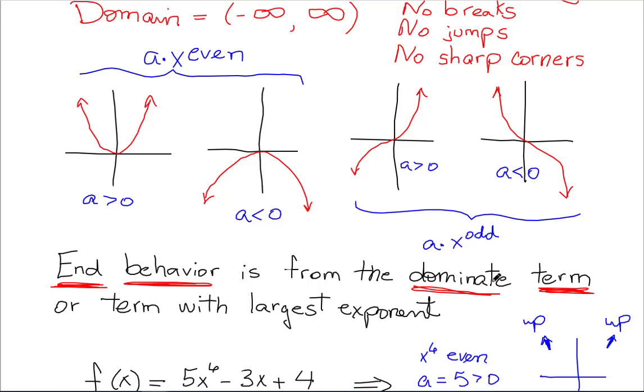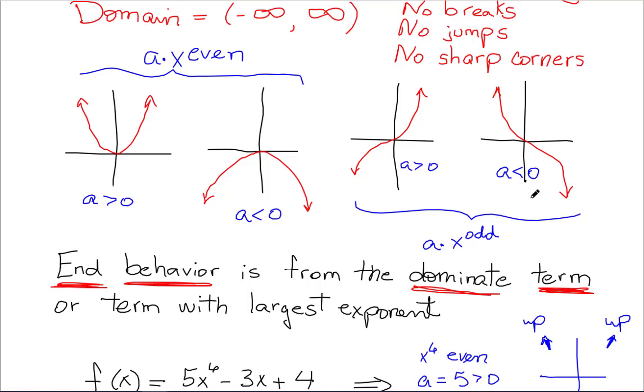If you have x to an odd power, x cubed, x to the fifth, x to the seventh, it essentially looks like x cubed. And x cubed can be normal looking if the lead coefficient is bigger than 0, or it can be flipped over if the lead coefficient is less than 0.